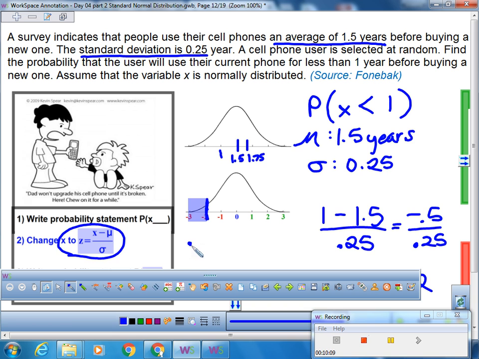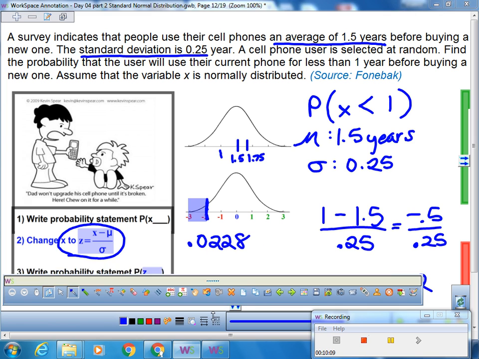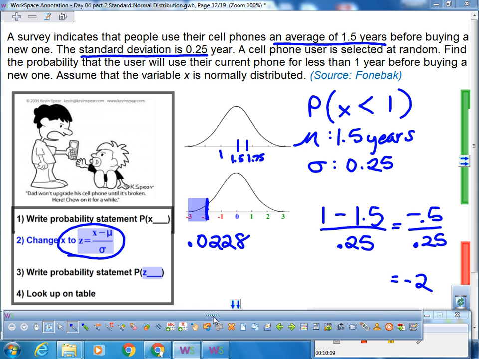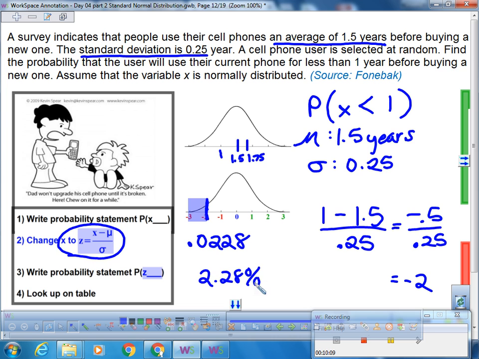It's 0.0228. So 2.28% of people are going to use their current cell phone for less than a year before buying another one.